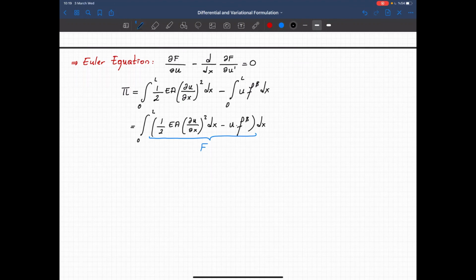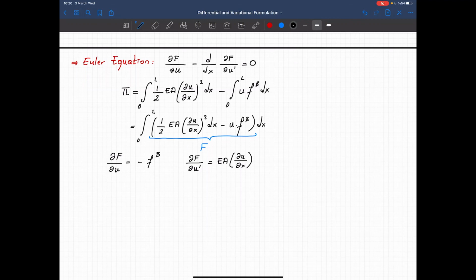Now in that case, ∂F/∂u will be equal to minus FB, and ∂F/∂u′ will be equal to EA ∂u/∂x.